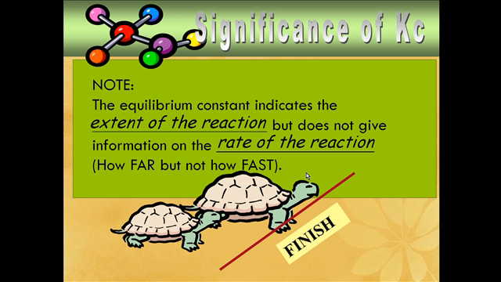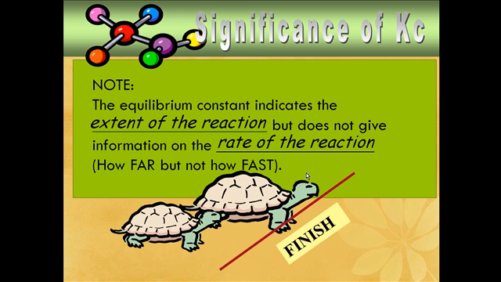Now let me say that again. If you can represent the progress of the race using the number known as Kc, the Kc of the competition would tell me how far the turtles are from the start line or how near they are to the finish line, but it cannot tell me how fast the turtles are traveling.